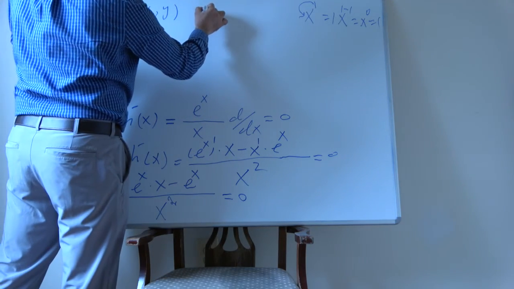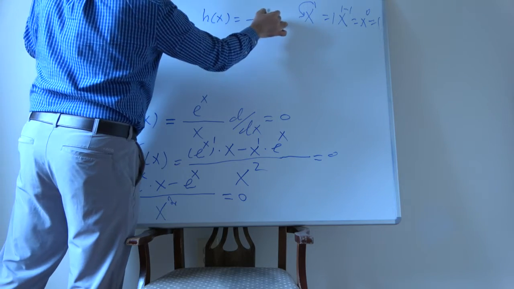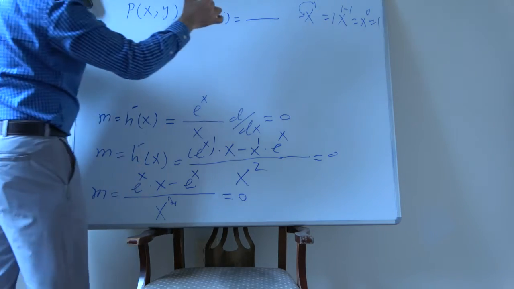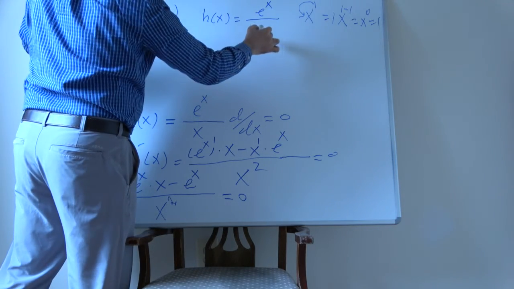So the function was e to the power of x over x.